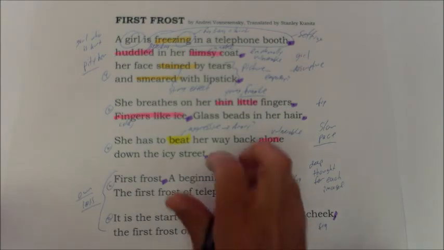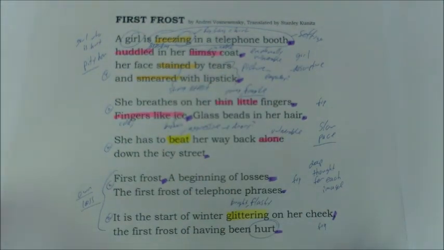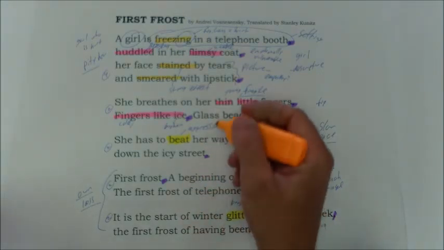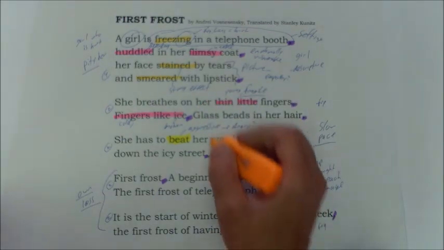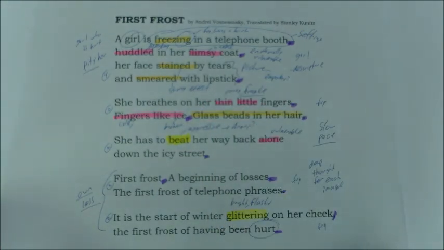It's easily broken. The next piece of figurative language we see there is almost just sort of a description, where we see that there are glass beads in her hair. I don't think these are actually glass beads, but I think that's ice in her hair. So we get to see the extent of the cold.